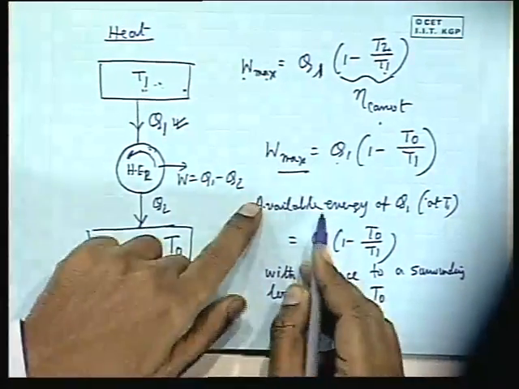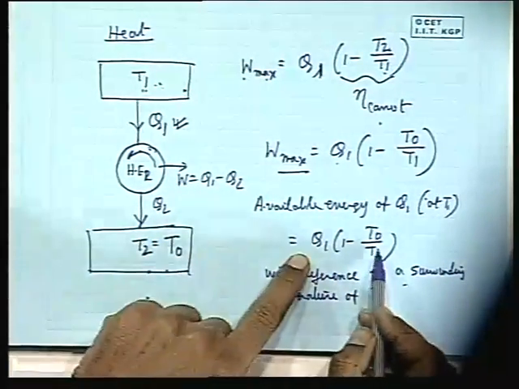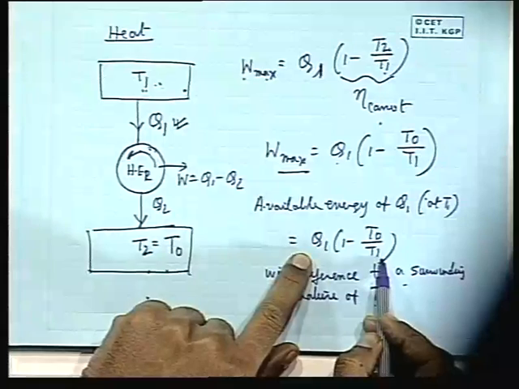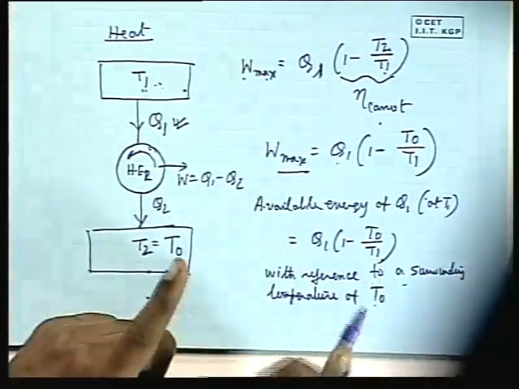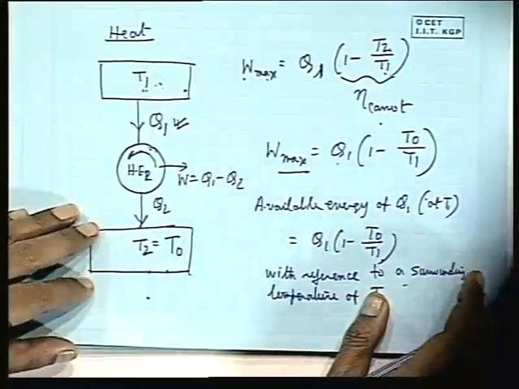That means the available energy of Q1 at T1 with reference to a surrounding temperature of T0 is this. Alright. So now the available energy depends both on the surrounding and on the temperature from which Q1 is obtainable.